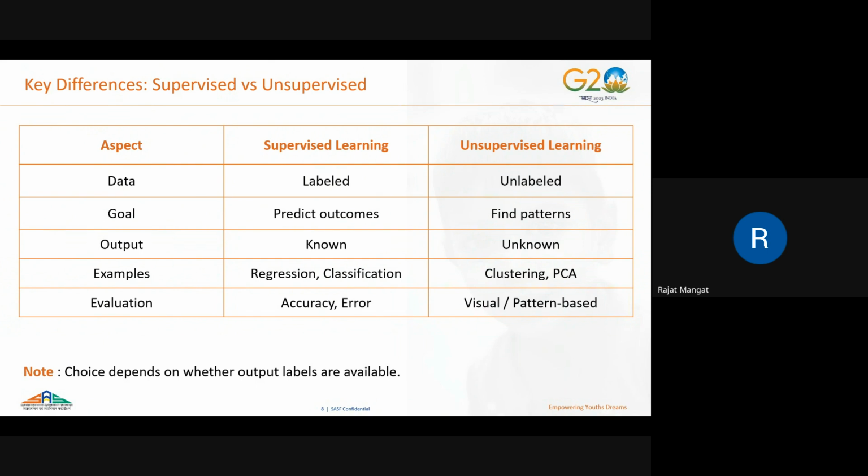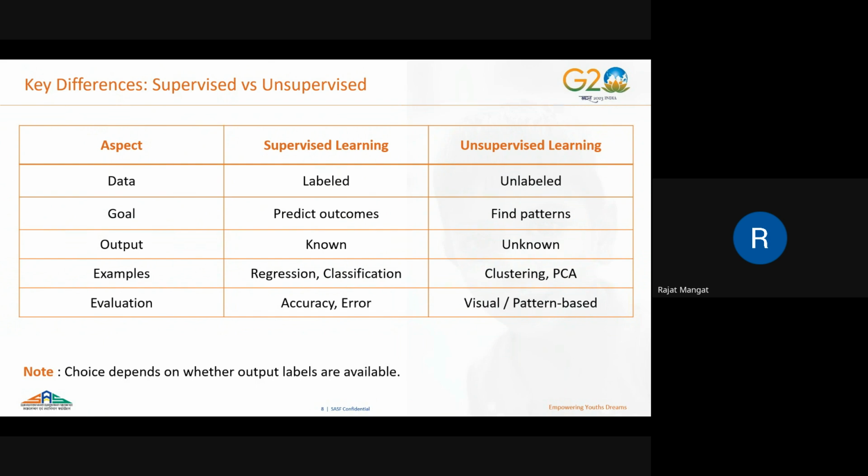But unsupervised learning is used to find patterns, not for prediction. Although we are going to generate some predictions and results at the end, it works upon the patterns. Like in the stock market, everything is about patterns only. So it works upon the patterns and it predicts the outcomes.